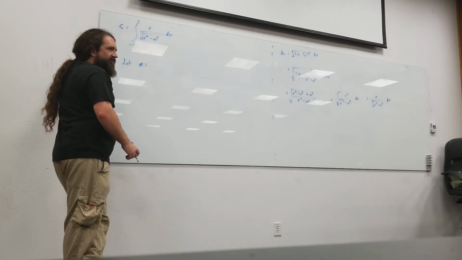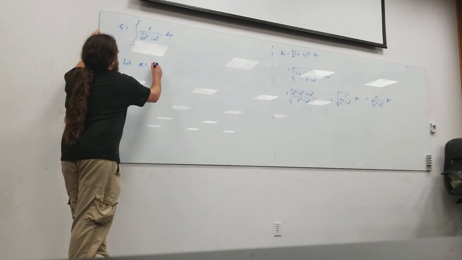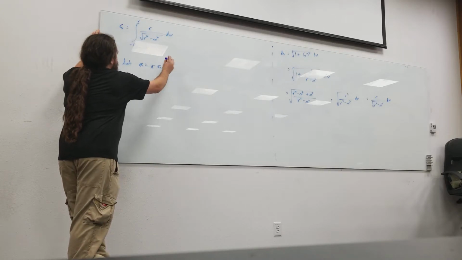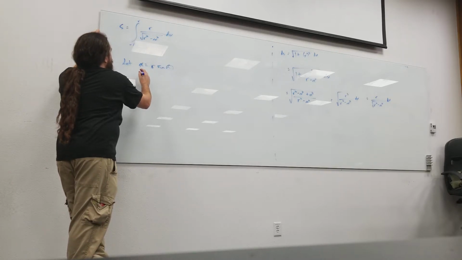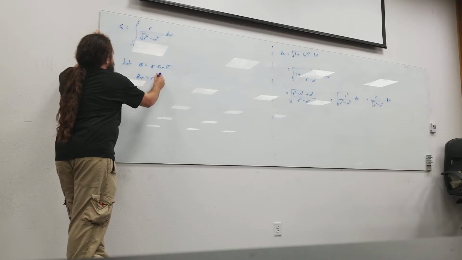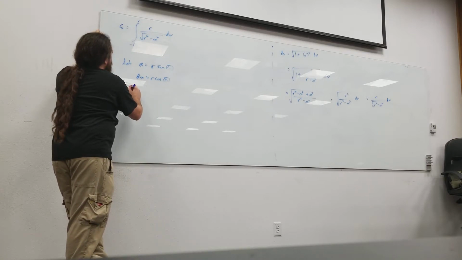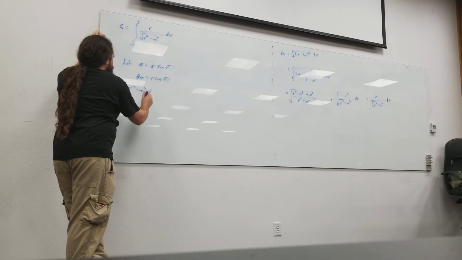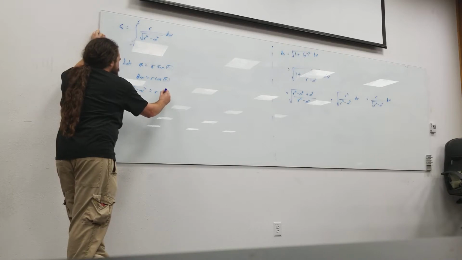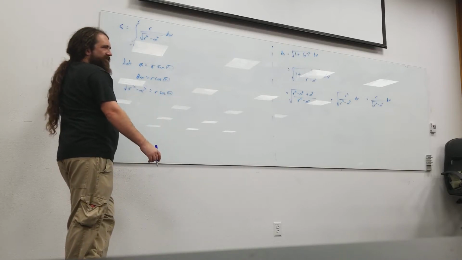It's going to be sine, right? So x is r sine of theta, and dx is going to be r cosine theta because r is constant. And the square root of r squared minus x squared is probably also going to be r cosine theta, right?